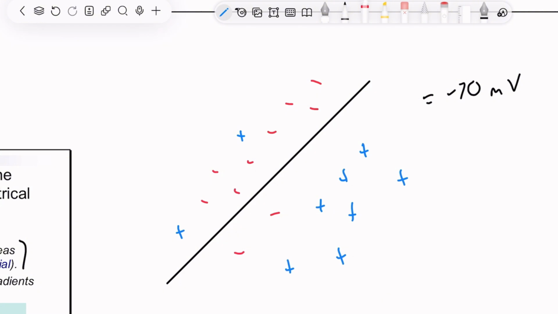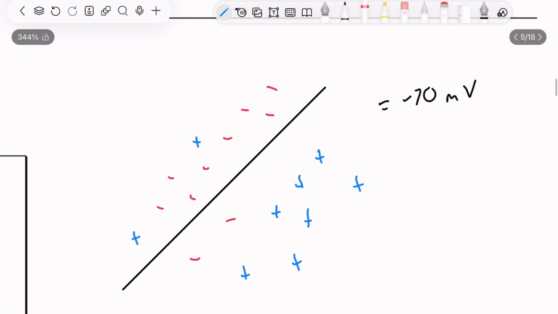This gradient is like a force that drives ions to move from one area to another. Positively charged ions are attracted to negatively charged areas, and negatively charged ions are attracted to positively charged areas. The electrical potential, or the membrane potential, is the measure of the energy difference between two areas due to the separation of charges, and it is often referred to in millivolts.